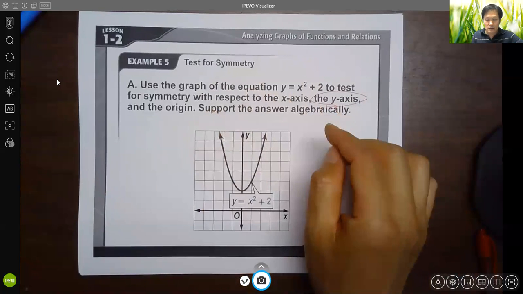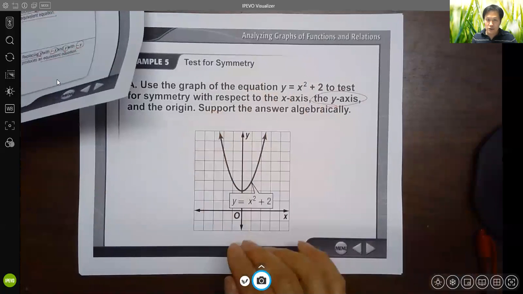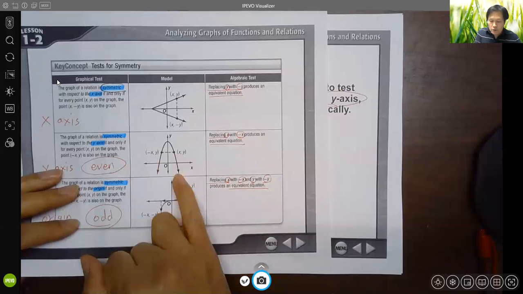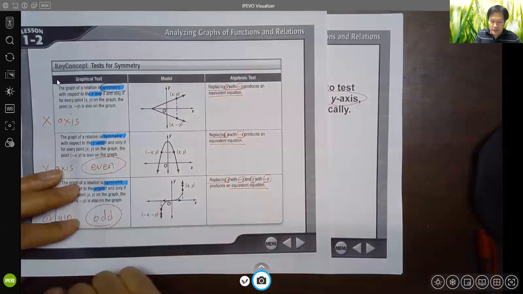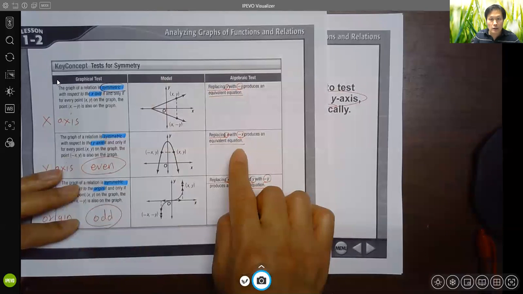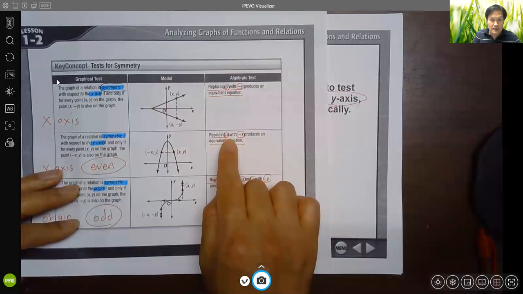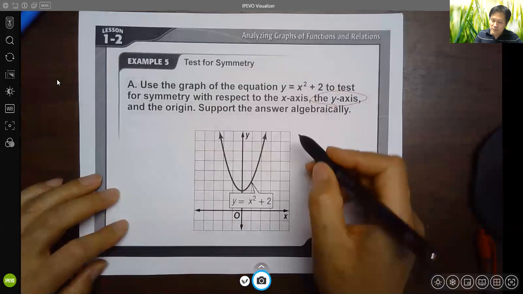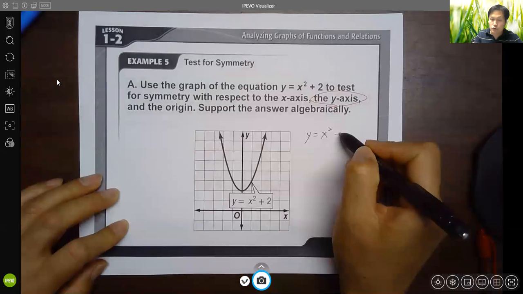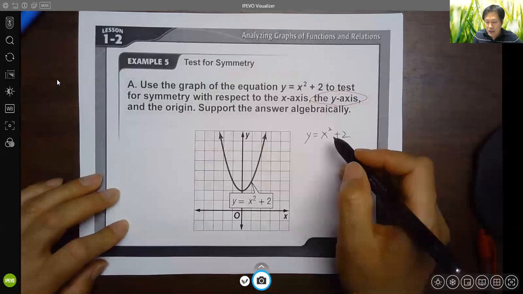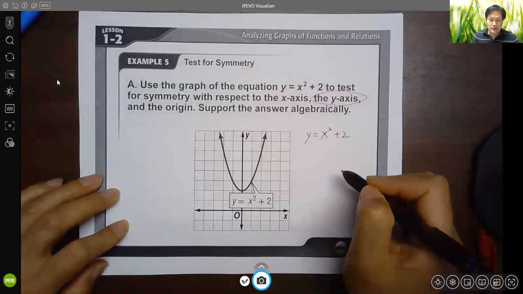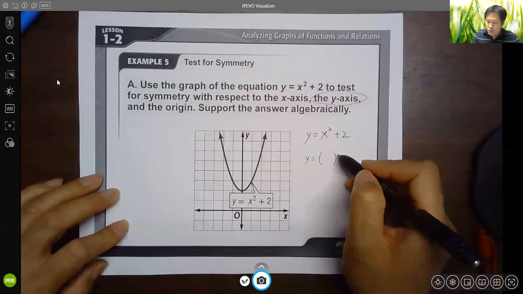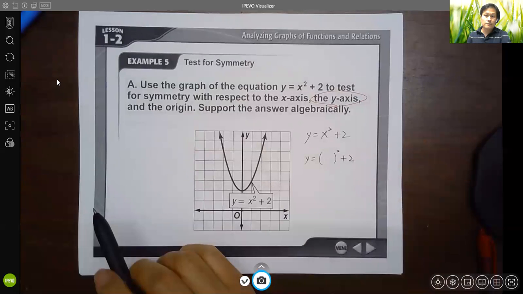Okay, support the answer algebraically. Yeah, that's not that simple by looking at it. So if you look at this chart, symmetric over y-axis, how do we algebraically check that? Replace x with minus x. The equation y equal to x squared plus 2 is the original. So you're replacing x with minus x. Here's the thing you have to be careful about. You want to replace x with a parenthesis.